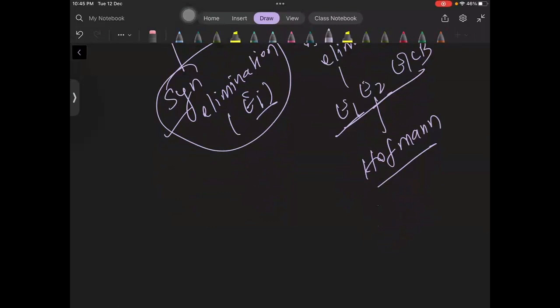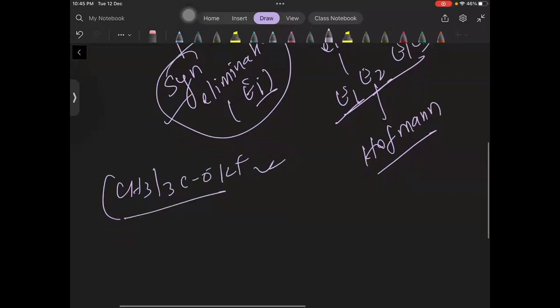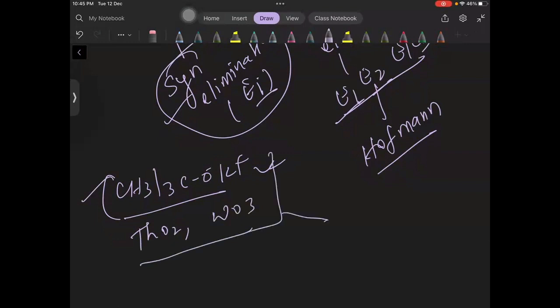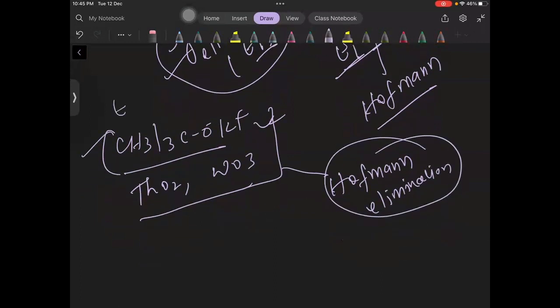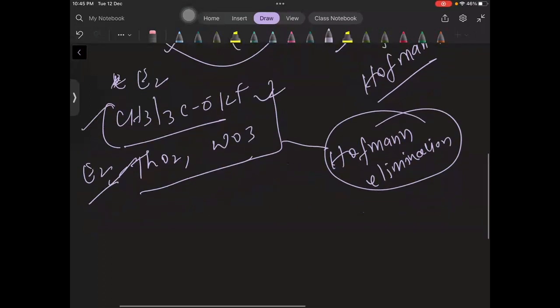For example, CH3 3CO negative K plus, the potassium tert-butoxide, and similar bulky reagents will favor Hofmann elimination and E2.